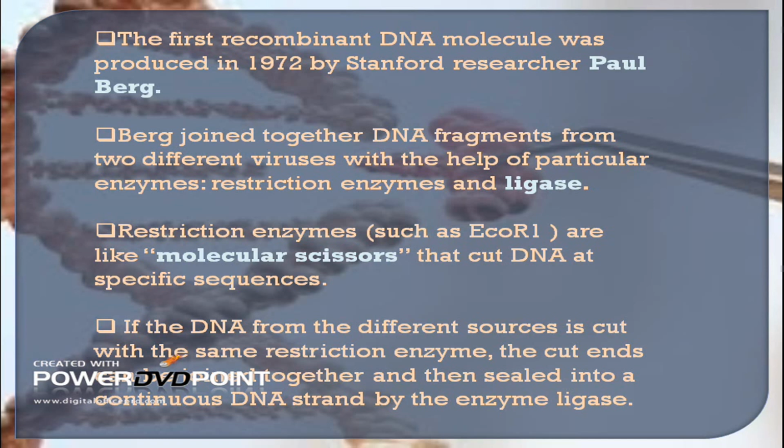And if the DNA from different sources is cut with the same restriction enzyme, the cut ends can be joined together and then sealed into a continuous DNA strand by the enzyme ligase. So the two important enzymes are there, one for cutting and one for joining. For cutting, restriction enzymes are there, and for joining, ligase enzyme is there.